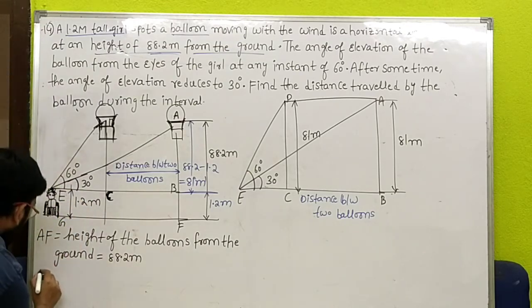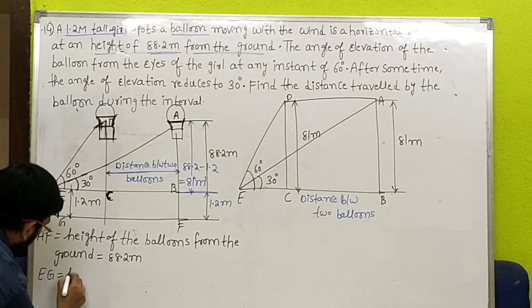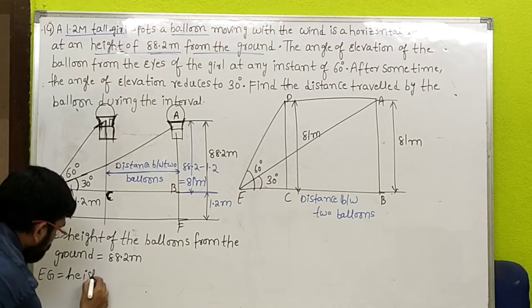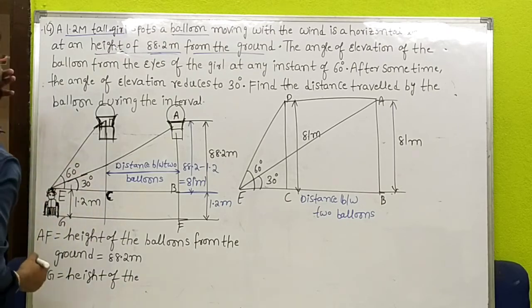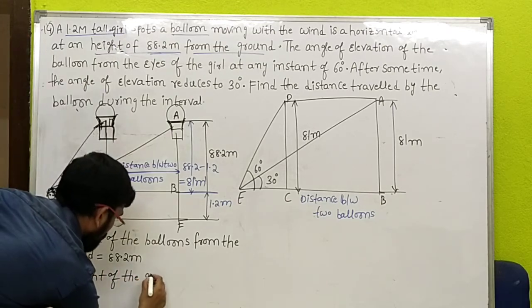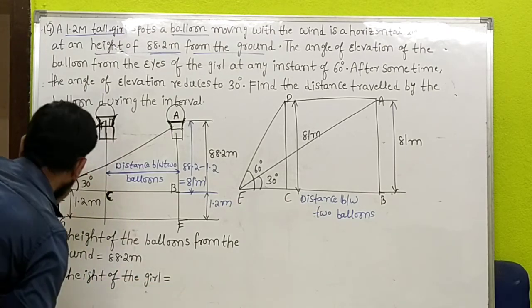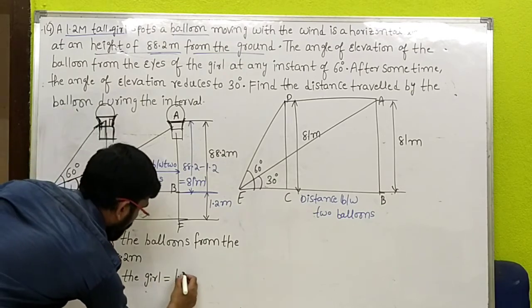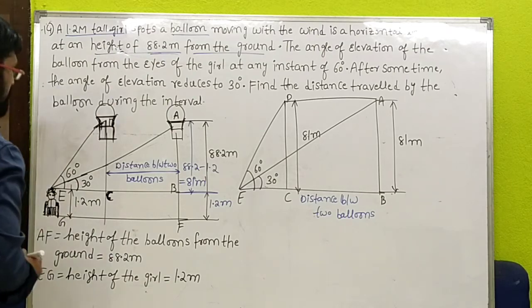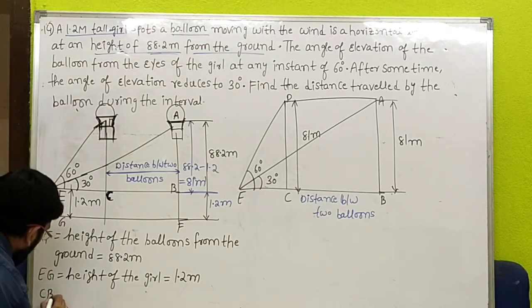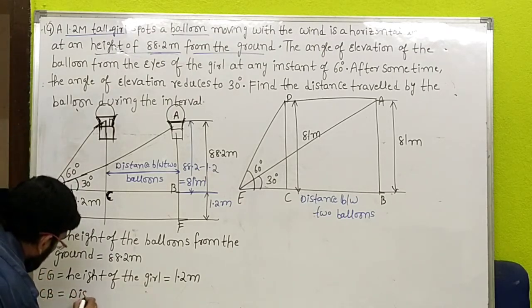EG, FG equals the height of the girl, that is 1.2 meters.